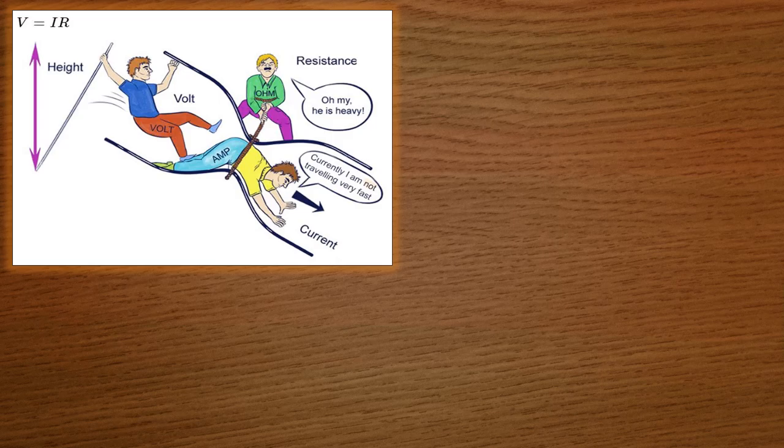This relation has been discussed by a scientist, and the scientist was Ohm, and the law given by him is known as Ohm's law. So let's see what Ohm's law is.